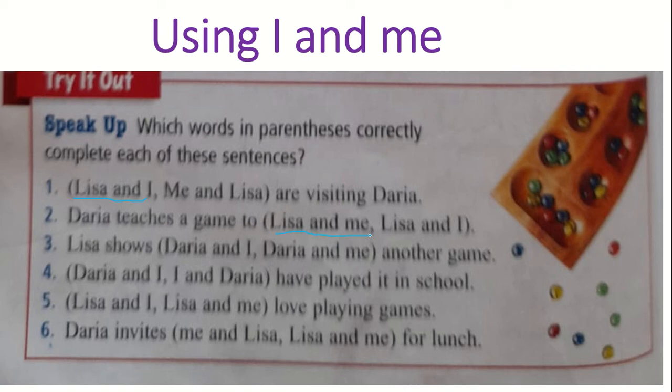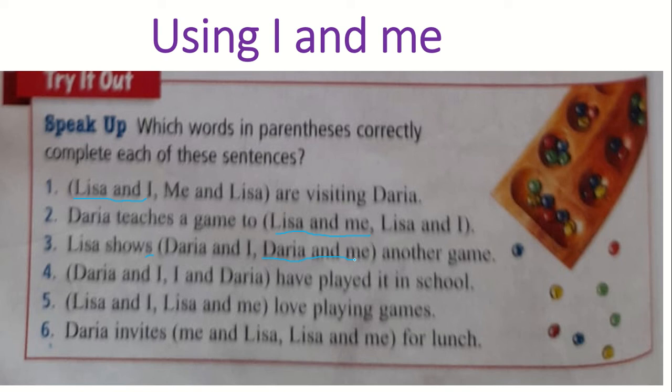Okay, let's go to number 3. Lisa shows Daria and me another game. Because we have the verb here, that means the parenthesis is in the predicate, so we need the one that has the object pronoun: Daria and me. So I want you to complete 3, 4, 5, and 6 yourself.